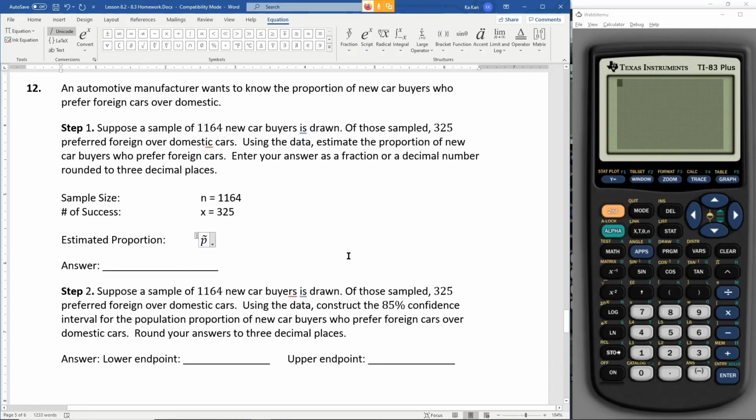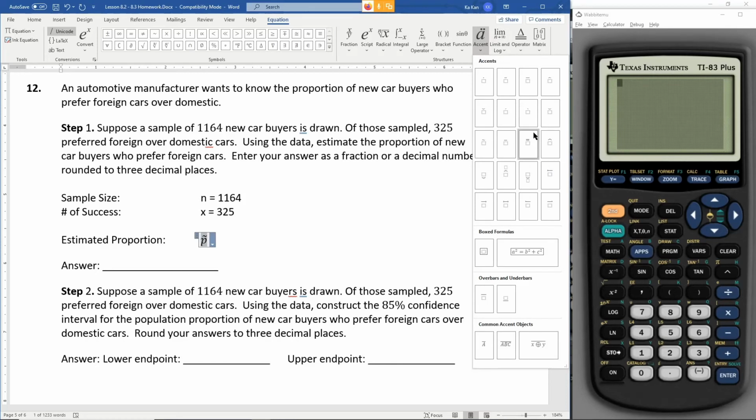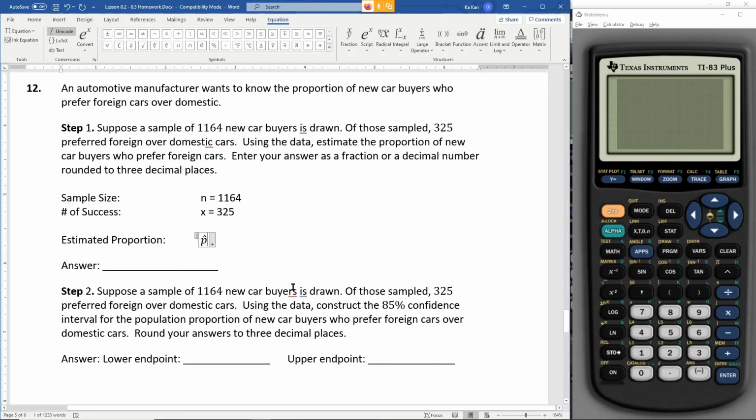Some people use p-hat. I think p-hat might be better. Hat, right? P-hat is basically X over N.